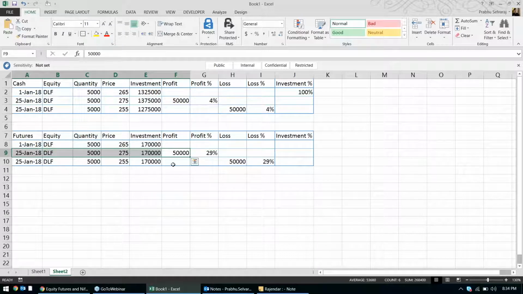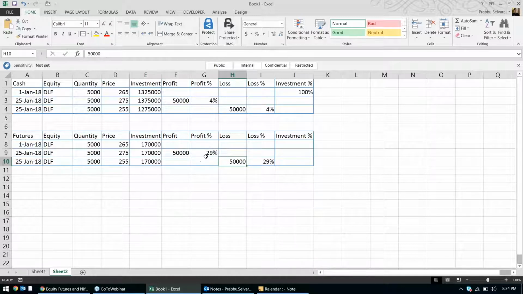Yes, it's simple. I invested 1,32,000 rupees in the cash market to buy 5,000 shares. But I'm a smart trader. I invested only 1,70,000 and bought the same amount of 5,000 shares of DLF. Stock has gone up by 10 rupees, I got a profit of 50,000. Stock has gone down by 10 rupees, you make a loss of 50,000 rupees.